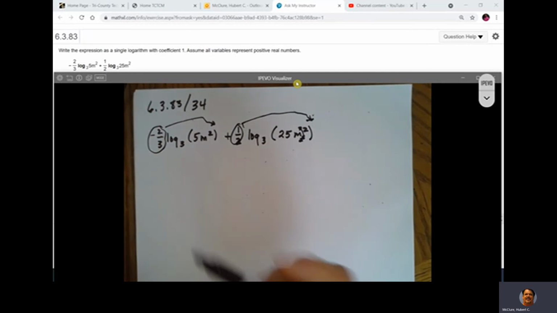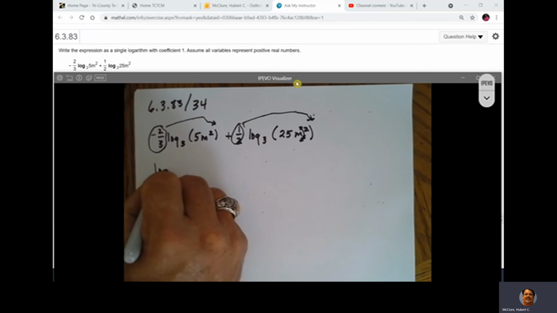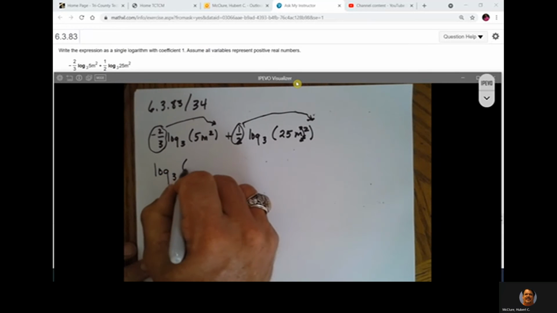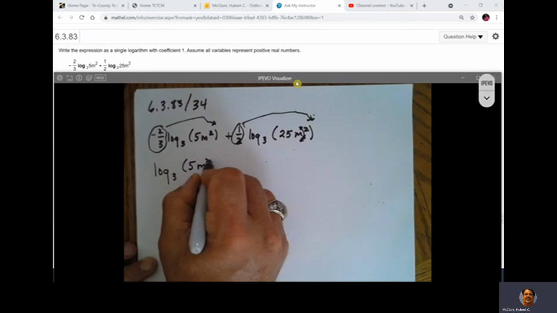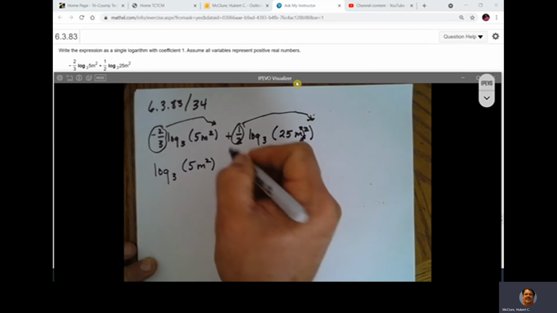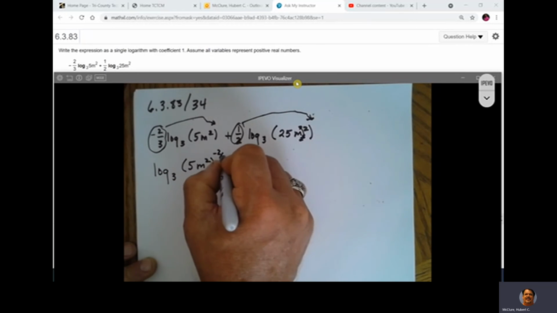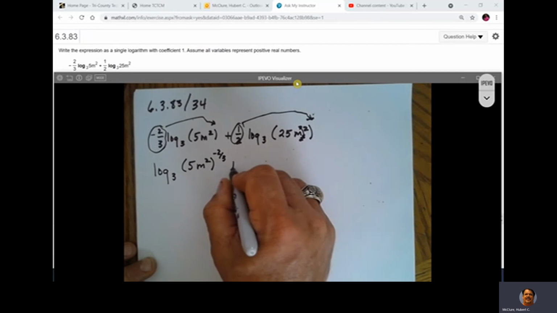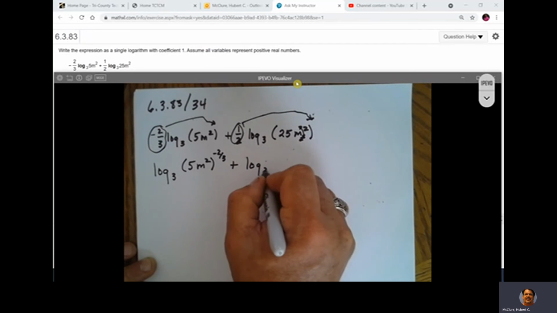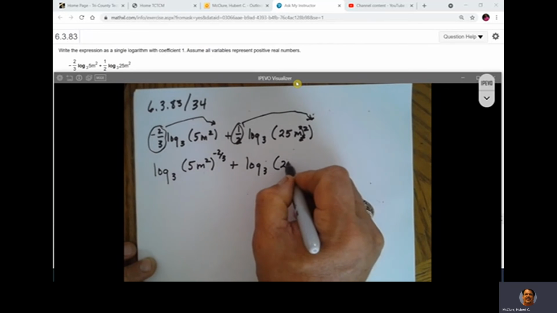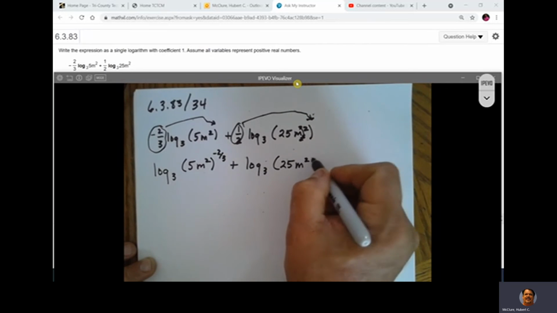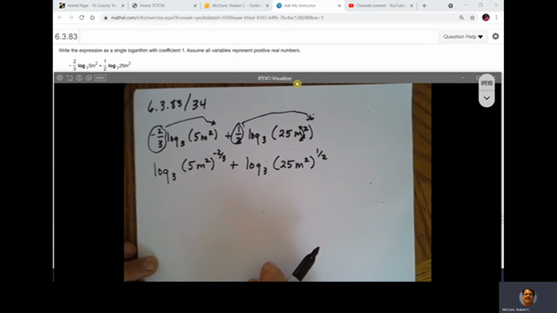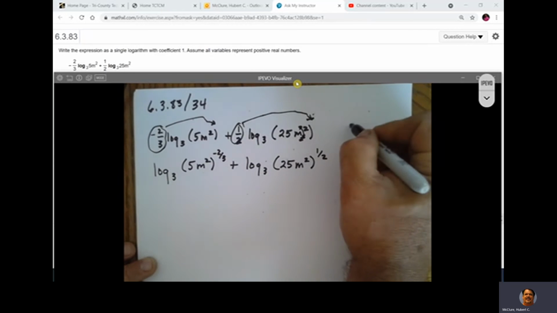So that's going to be log base 3 of 5m squared raised to the negative 2/3 power plus log base 3 of 25m squared raised to the 1/2 power. Okay, that's using the power rule.